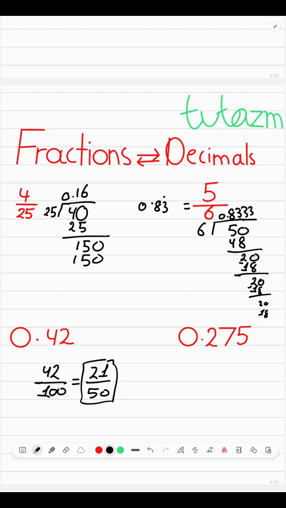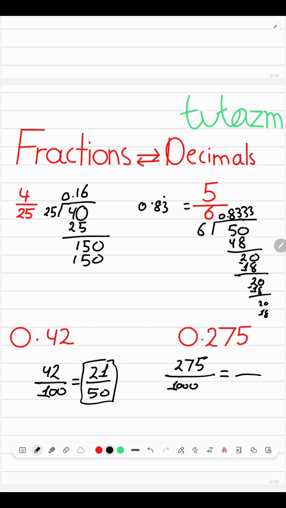Alright, let's go over it. So this cannot go over 100 because 275 is greater than 100, but what it can go over is 1000. So what you have to try to do is, again, get this number into a fraction where the denominator is a power of 10. So in this case it would be 1000. So 275 divided by 1000, we can divide top and bottom by 5.